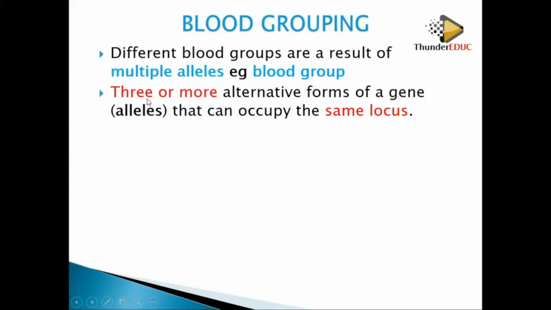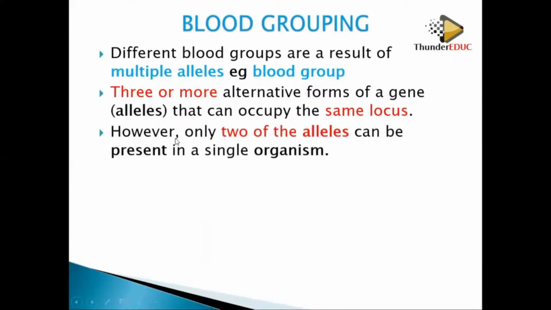That's what we call multiple alleles. Locus is the location of the gene on the chromosome. So it is the same location of the gene on the chromosome, but you have many alleles in that location. However, only two of the alleles can be present in a single organism.